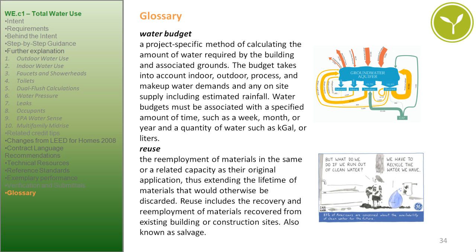Reuse: The reemployment of materials in the same or a related capacity as their original application, thus extending the lifetime of materials that would otherwise be discarded. Reuse includes the recovery and reemployment of materials recovered from existing building or construction sites, also known as salvage.